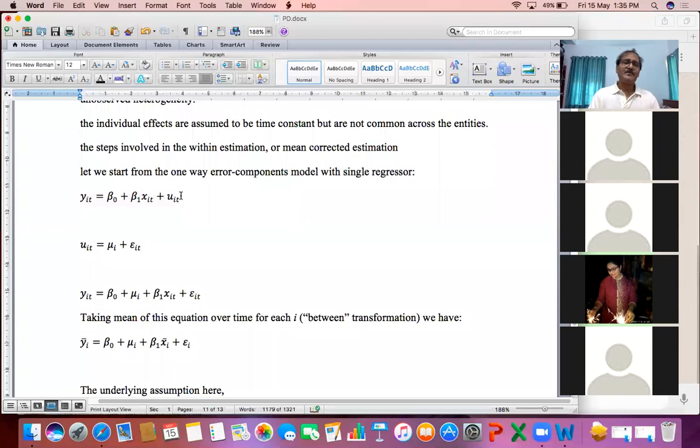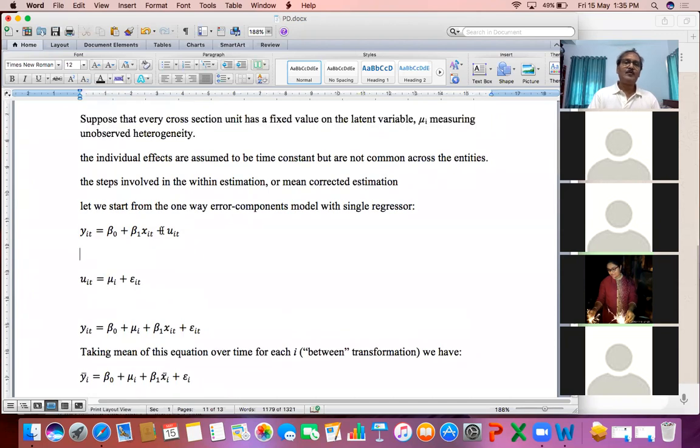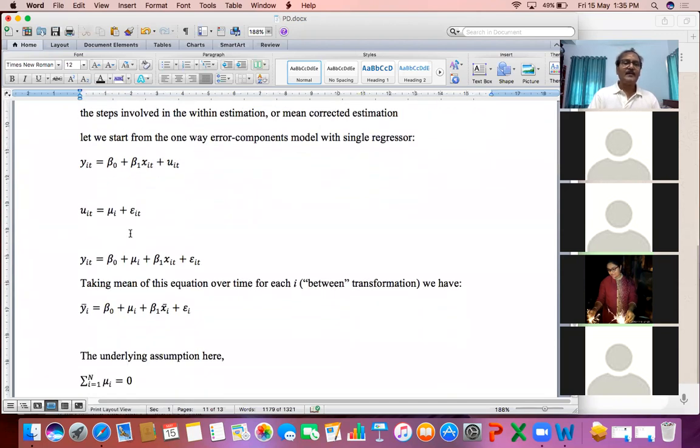So for that purpose, we decompose the error part u_it in this way: u_it is equal to mu_i plus epsilon_it. As we are decomposing the error in one way, our model is one-way error component, and we are considering mu_i as non-stochastic. So we have one-way error component fixed effect model. Why one way?